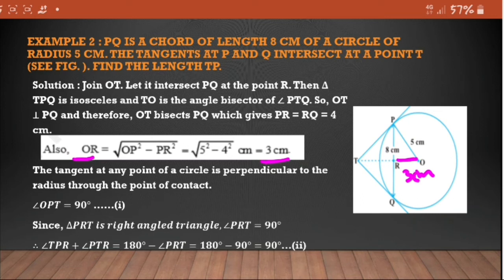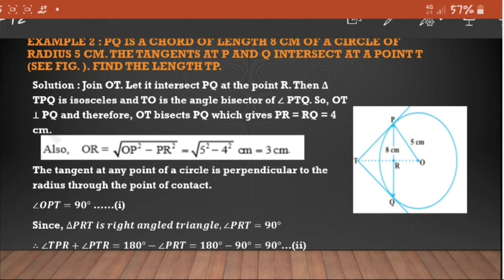Now the tangent at any point of a circle is perpendicular to the radius through the point of contact. That means this angle OPT is 90 degrees. And if you take this PRT triangle, you already proved this angle is 90 degrees.